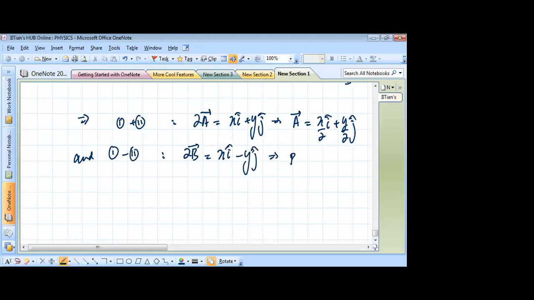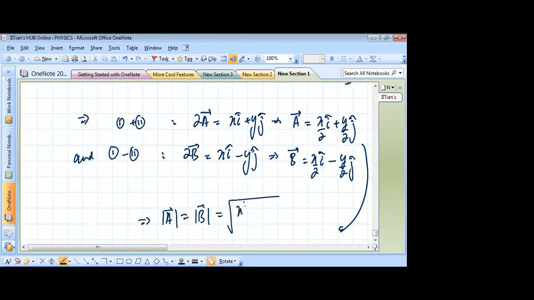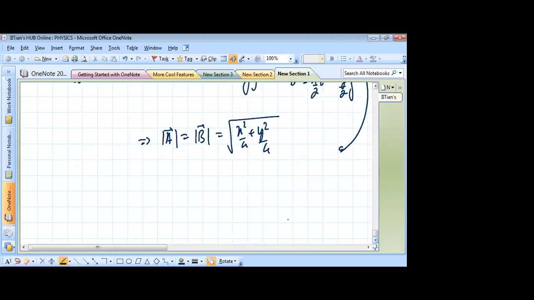So that will give you that the vector B is x by 2 i cap minus y by 2 j cap. So now these two equations are showing you that magnitude of A is equal to magnitude of B is equal to square root of x square by 4 plus y square by 4. So therefore, given that A is 5, it means that B must be also equal.